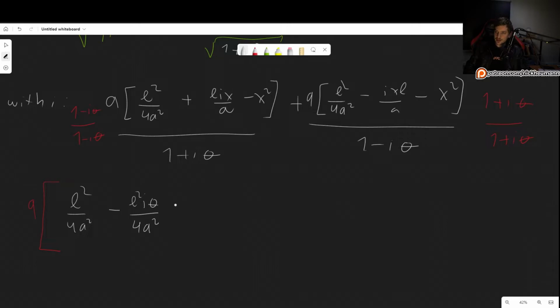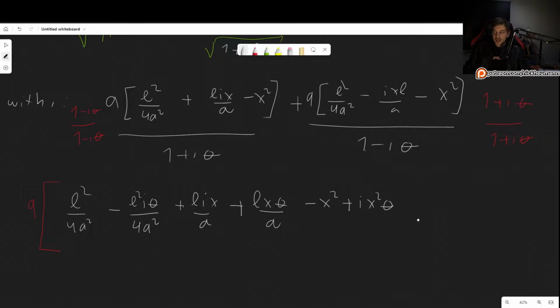Now second term: plus L i x over a, minus, but now we get i squared, so it turns into a plus, L x theta divided by a. Now the x squared term: minus x squared plus i x squared theta.